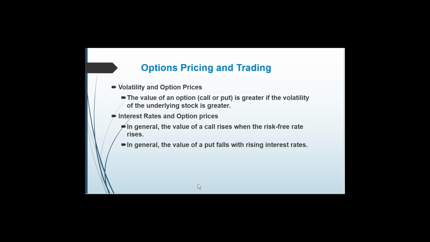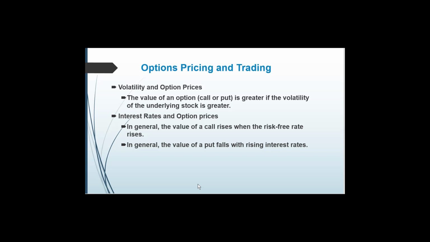If the stock price moves a lot, there's a greater chance that it will move in a direction that's good for your investment. So the greater the volatility of the stock, the greater the value or price of the option.